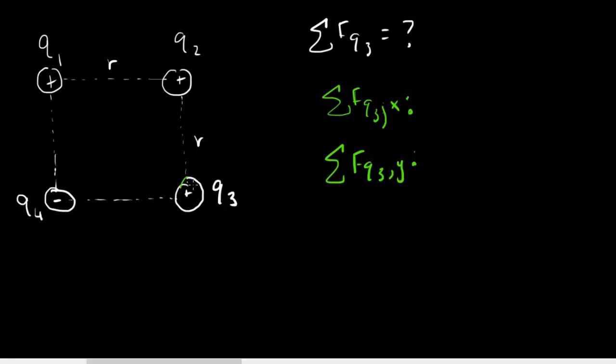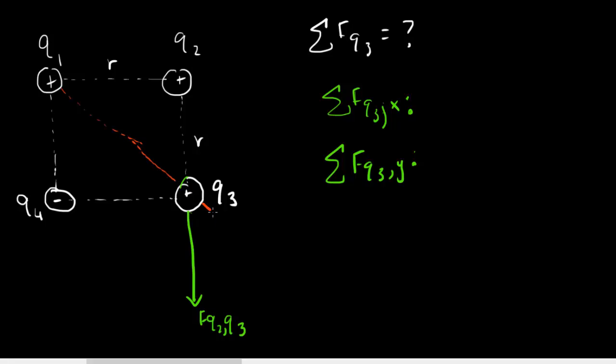So first you find the force between, let's say, q3 and q2. The direction of the force is going to be repulsive, so q3 is going to be repelled by q2 here. So this is the direction of force between q2 and q3. What about the direction of force between q1 and q3? This is a line that connects q1 and q3.